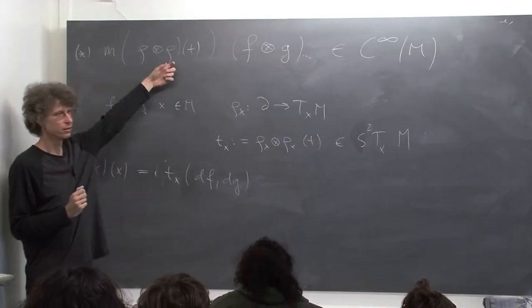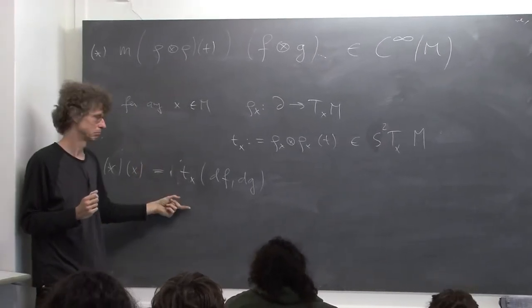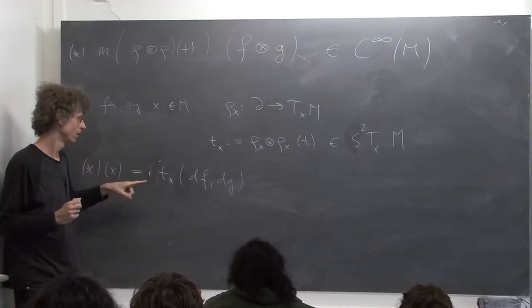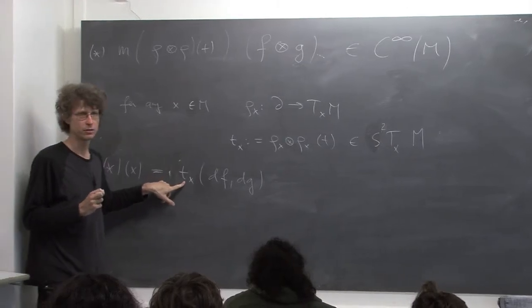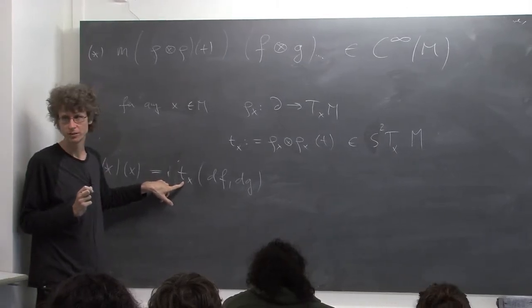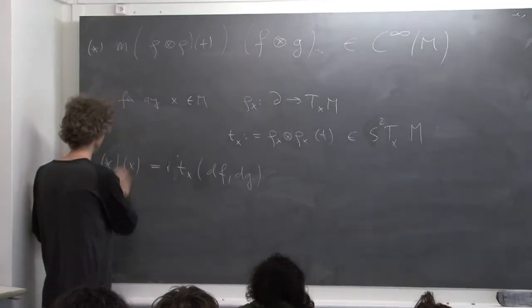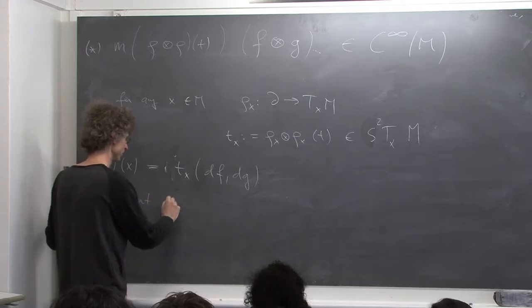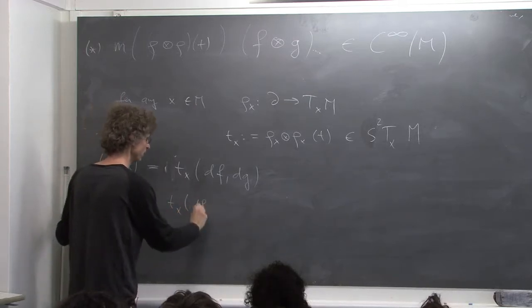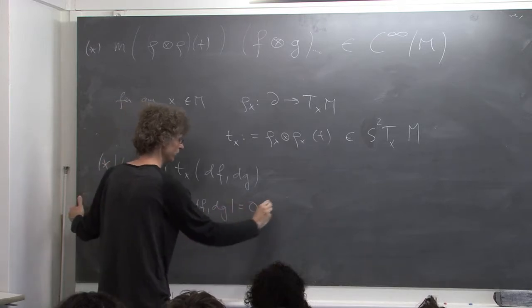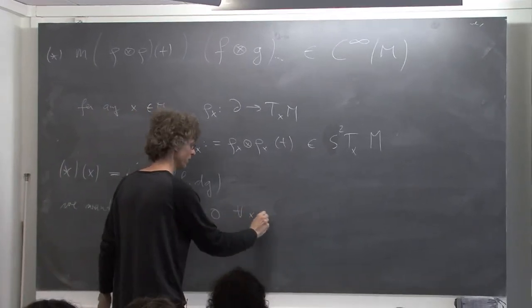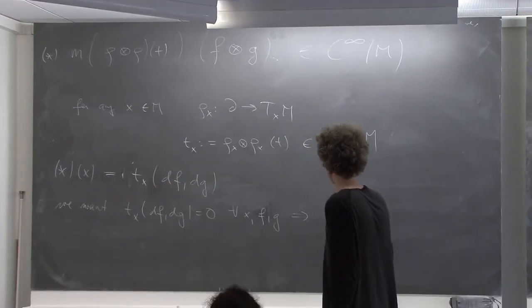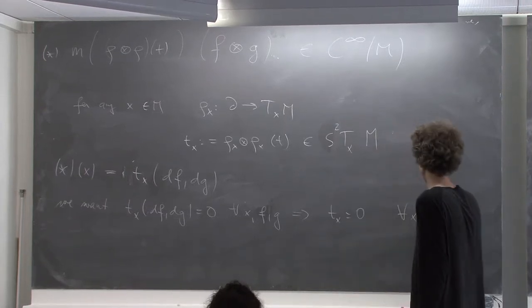It's just this thing rewritten when we want to compute it at some particular point. And so we want this thing, T_x of df and dg, to be 0 for every x, f and g. So this simply implies that T_x is equal to 0 for every x.